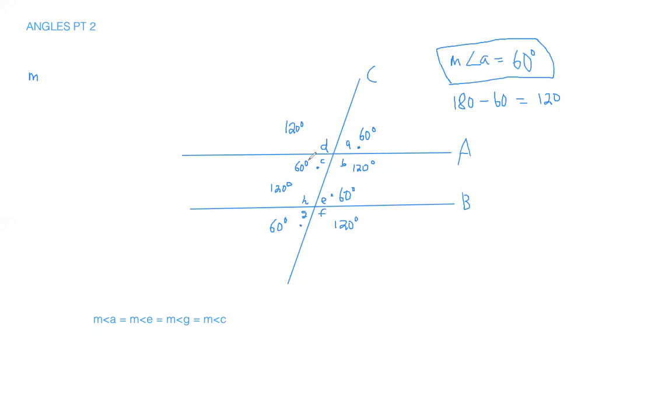Now similarly, we could say the same about the remaining angles. Measure D is equal to measure H, which is also equal to measure F, which is equal to measure B.